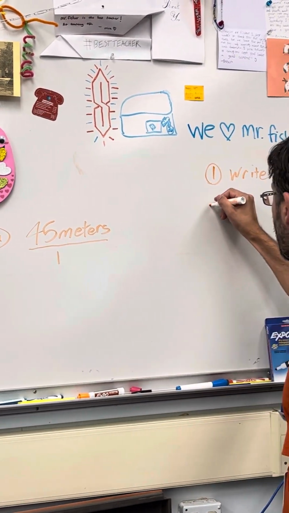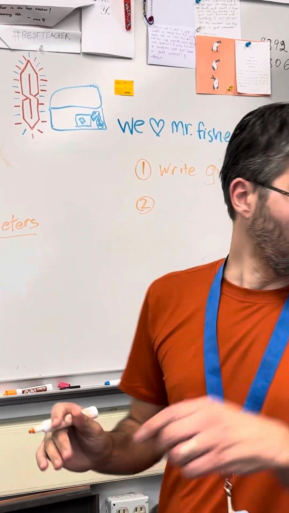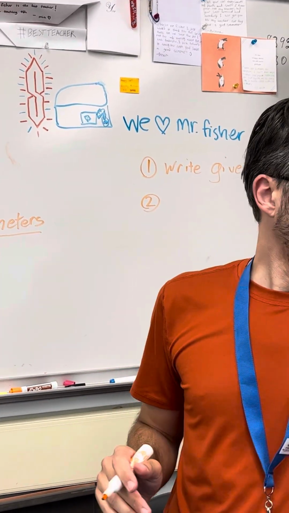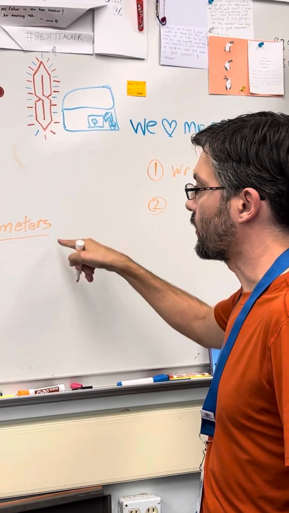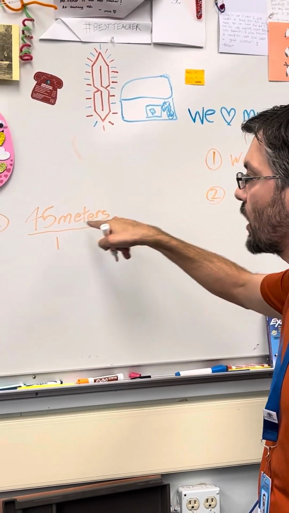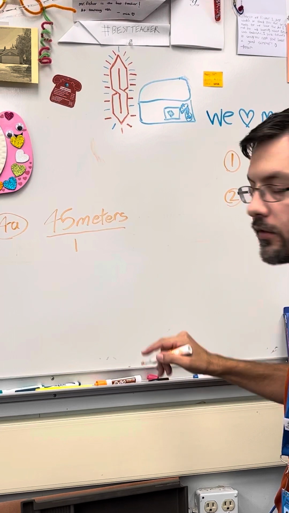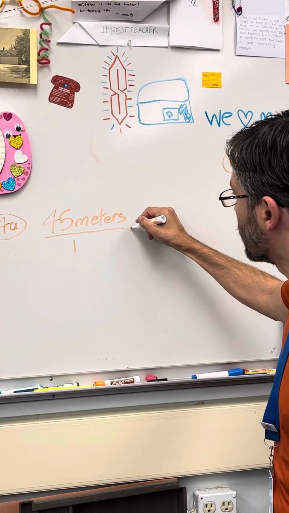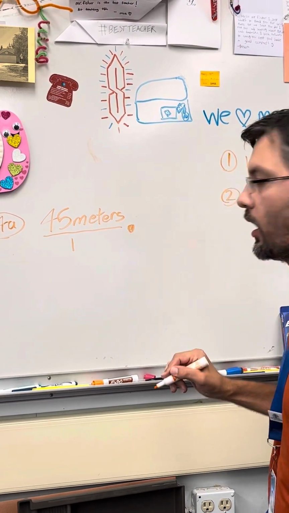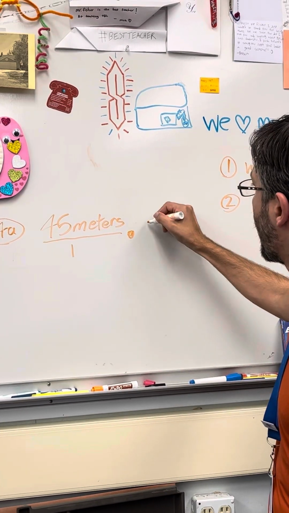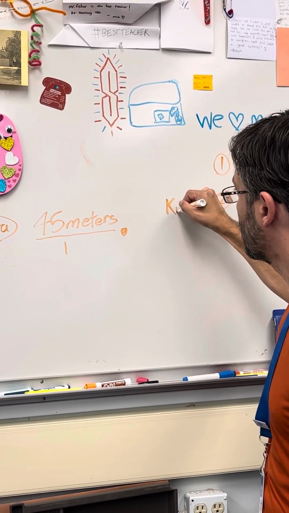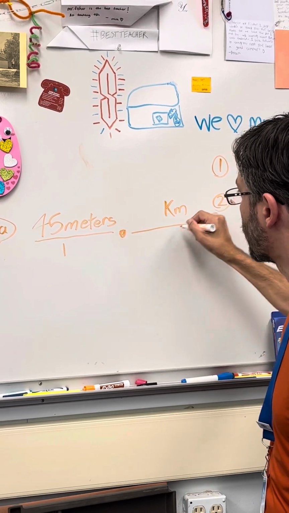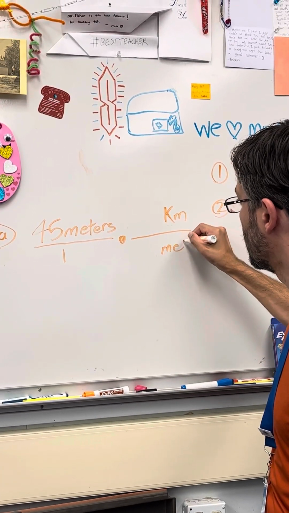Step number 2 is that you are going to multiply what you want to remove and what you want to keep in there. So the question asks you to change 45 meters into kilometers. I'm going to write a dot for multiplication, and then I want to keep kilometers, but I want to get rid of meters.